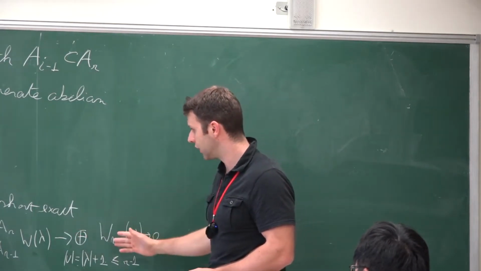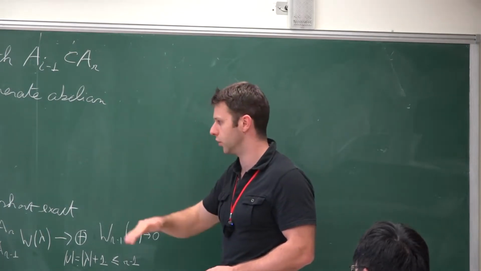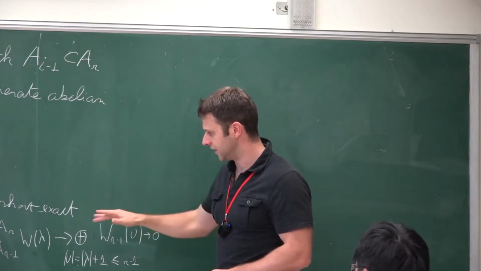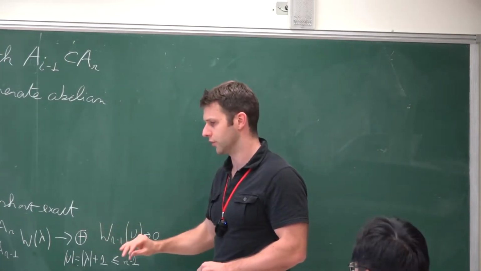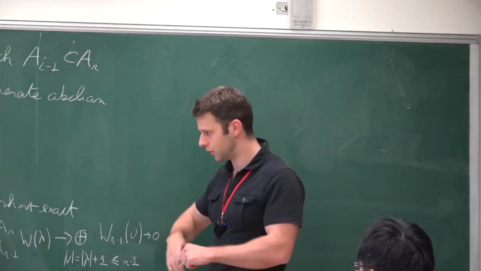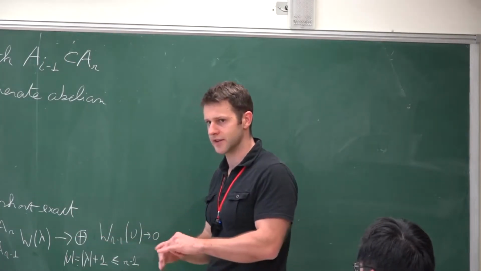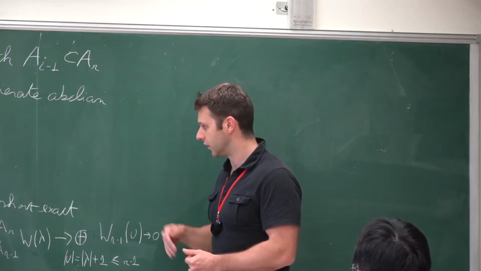But for cell modules, there's somehow a very close connection between the cell modules for the bigger and the smaller algebra. So I would say this is the analog of translation of Verma modules. So if you translate a Verma module, you know more or less what you're getting. If you translate a simple module, you need to work in order to find out what it is. So that's the same thing here.